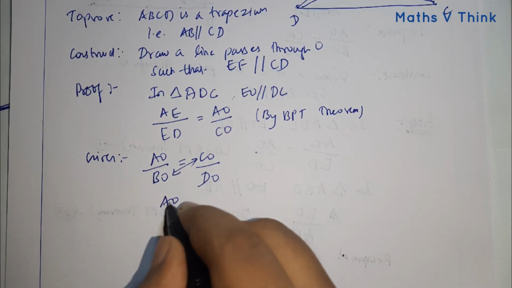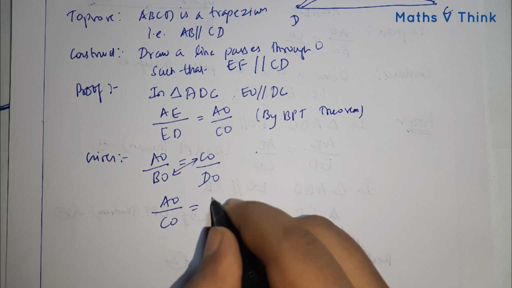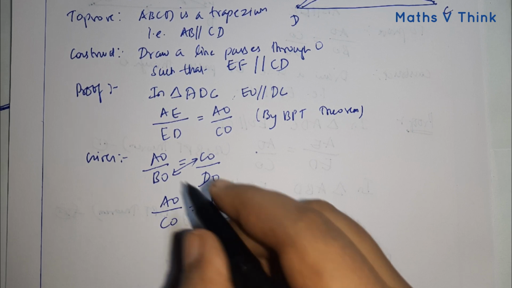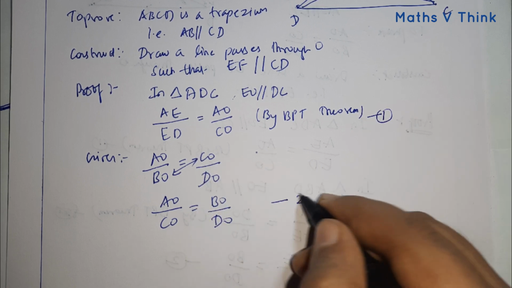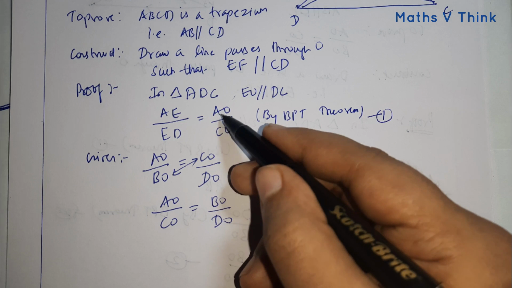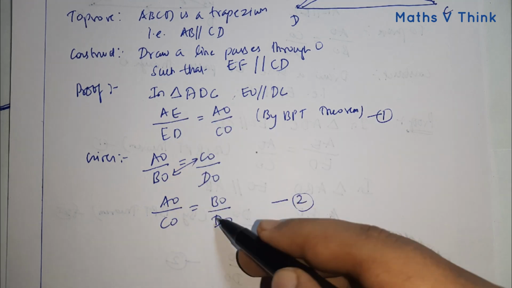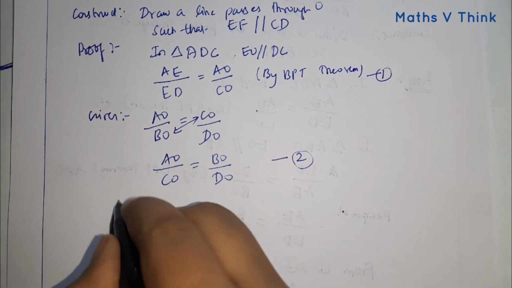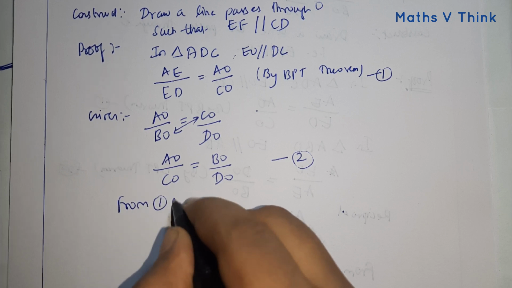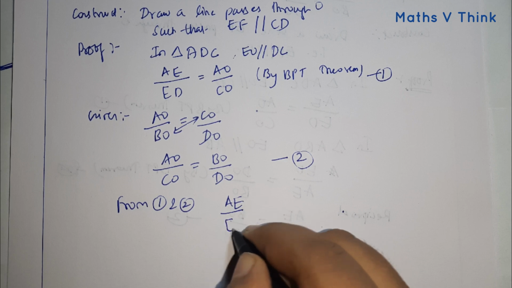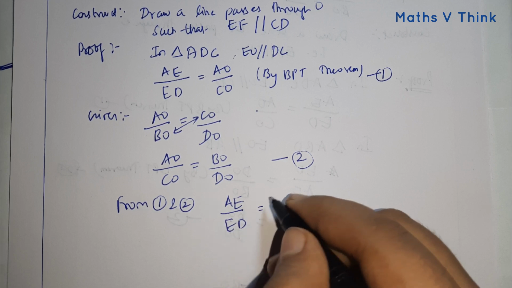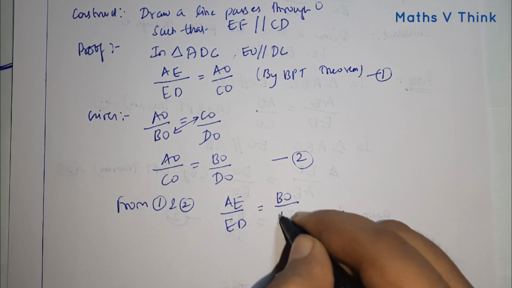So AO by CO is equal to BO by DO. Just you need to interchange the places. Now you compare this one and this two. When I compare, this and this is equal. So I can tell this will be equal. From 1 and 2, I can tell AE by ED is equal to BO by DO.